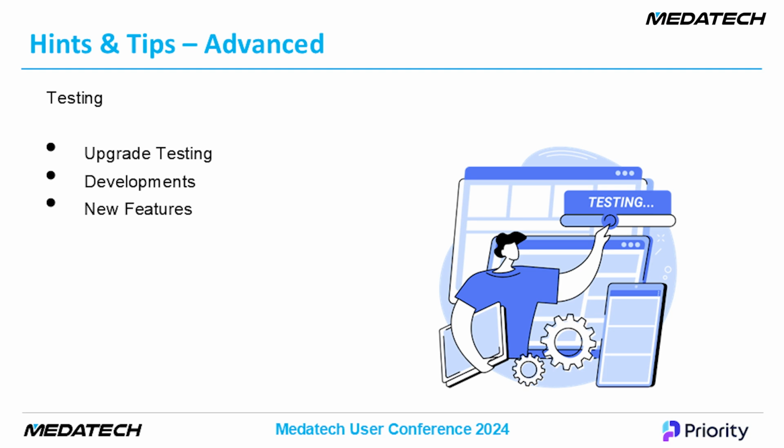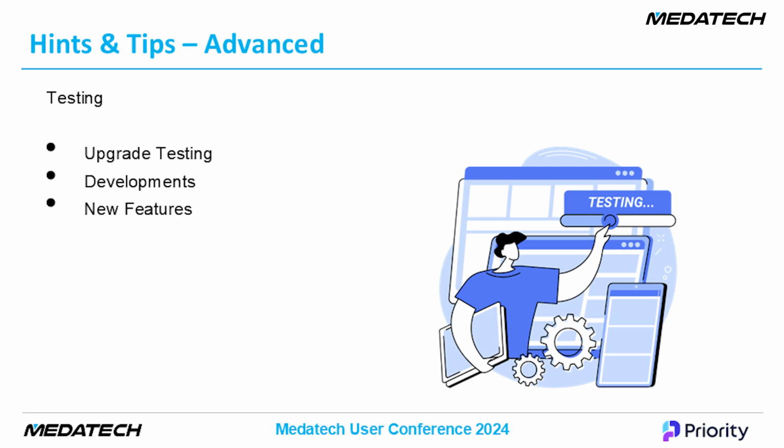Testing of developments, whether that's a development you've made in-house, or one that Meditech has done for you, or even the testing of new features. So new features that have been introduced that you haven't used yet, or a new module, or a new process, even something standard in Priority that you never used before.